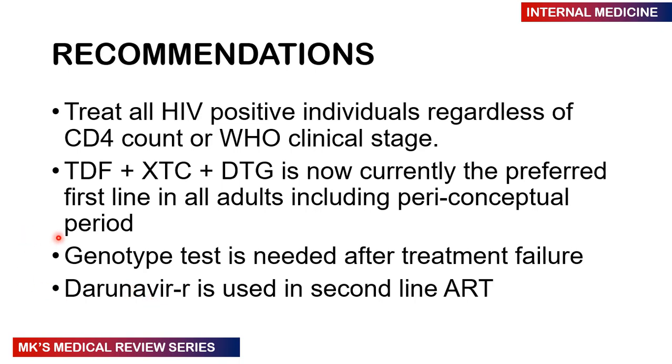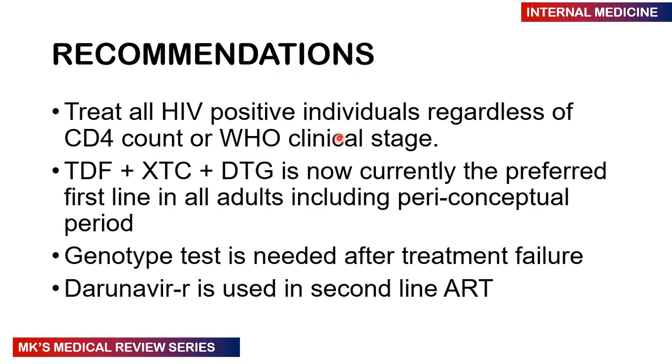Then of course our current first line is going to be Tenofovir Disoproxil, which is TDF. Remember, there are 2 preparations, Tenofovir Alafenamide and Tenofovir Disoproxil, plus XTC, which can either be Lamivudine, which is 3TC, or emtricitabine, which is FTC, and dolutegravir, which is an integrase inhibitor.